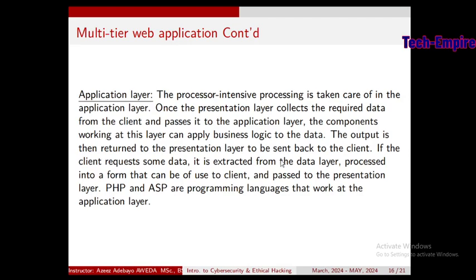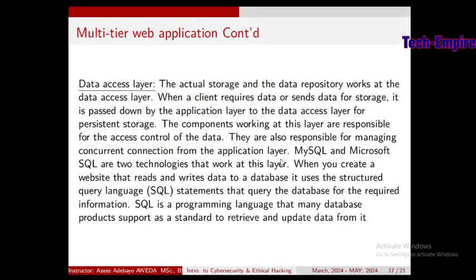So let's see the last layer. We have the data access layer, which is very, very important. The data access layer and the first layer, they are interwoven. If care is not taken, you mistake one for another.